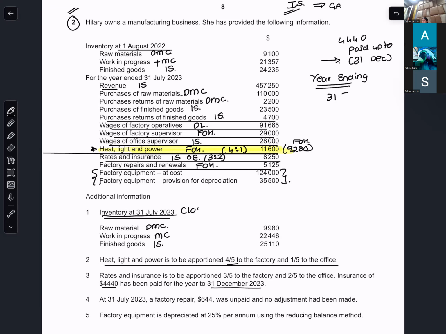You have paid up to what date? 31st of December. Does that mean there is prepaid or outstanding? Prepaid. That means you've paid extra. For how many months?